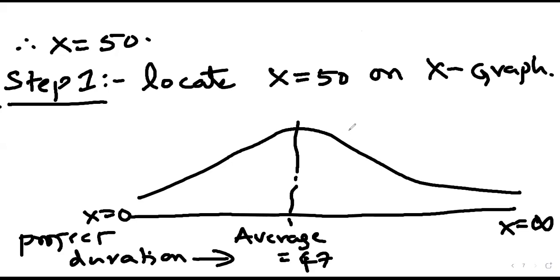What value has to be located on this graph? 50. Should 50 come on the right hand side of the graph or the left hand side? Right hand side. 50 comes after 47.